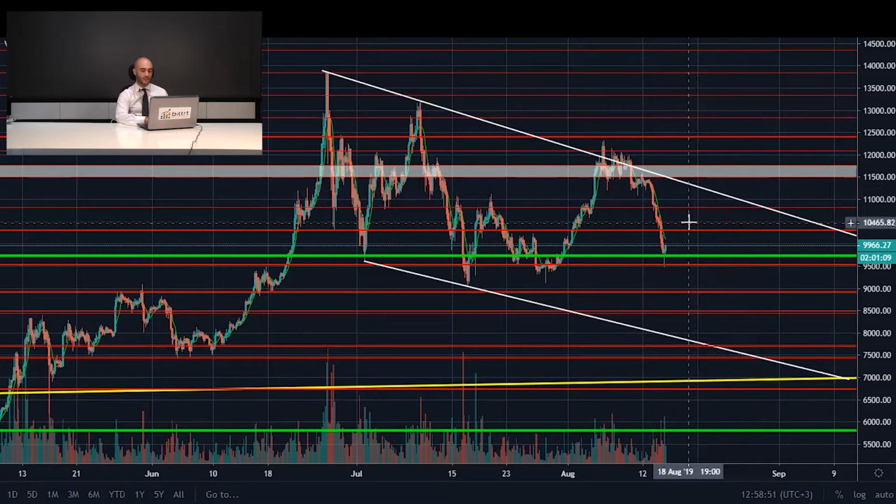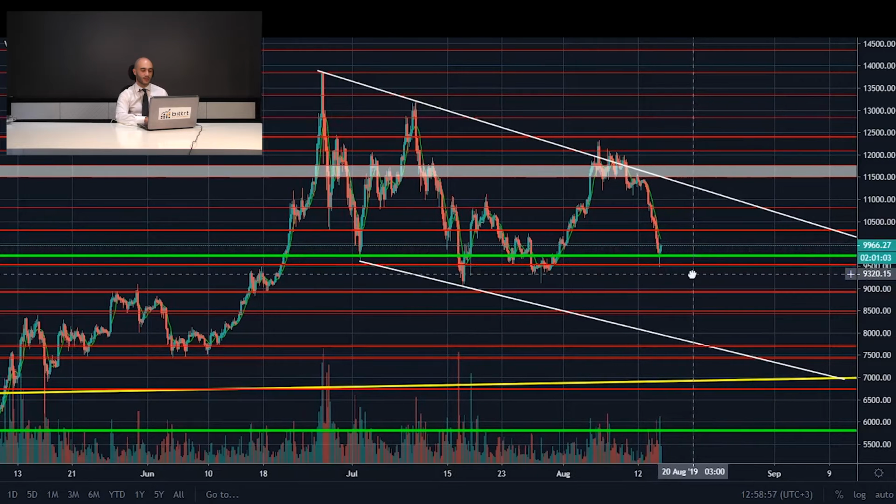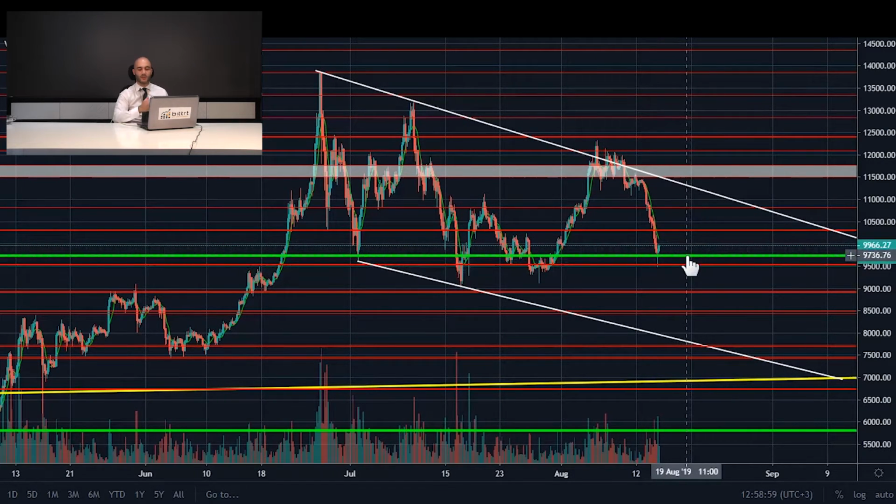So I'm still expecting a downwards move for Bitcoin for the long term, but for the short term, as I already said, as long as the price stays over this green line, probably the price will move between this green line and this white trend line, the upper boundary of this possible channel.